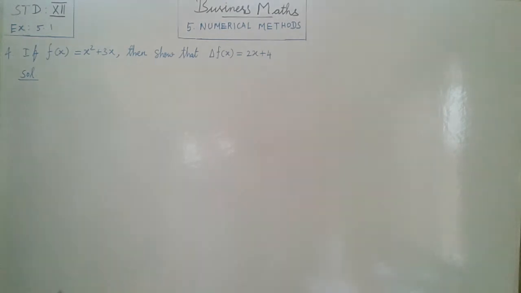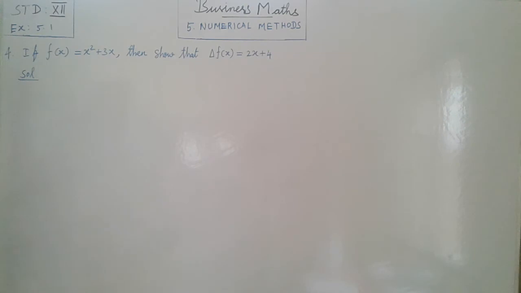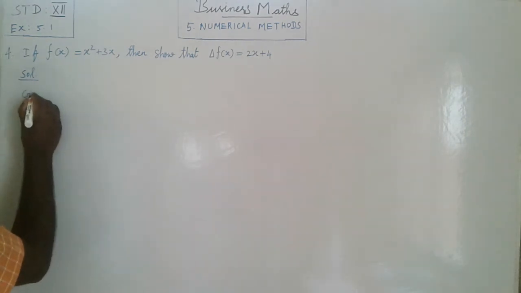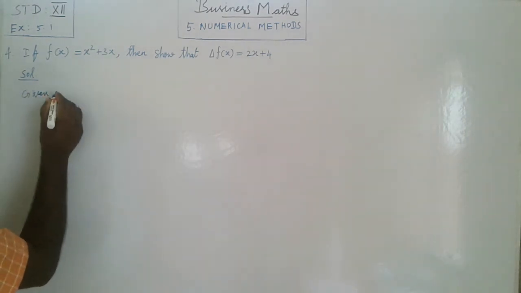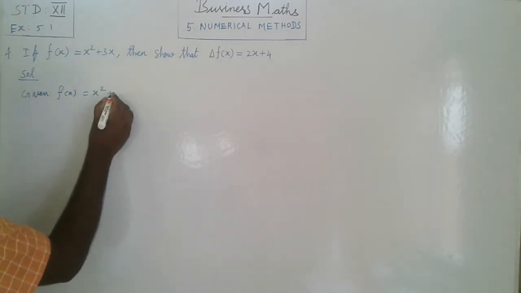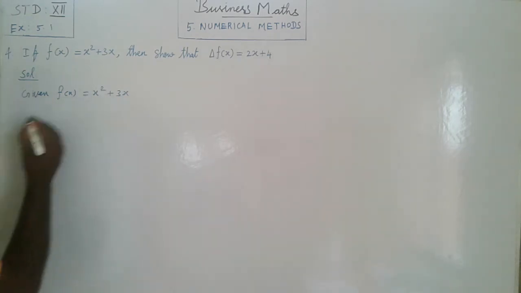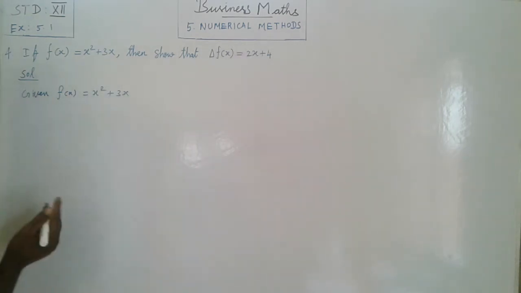Fourth sum. If f of x equal to x square plus 3x, then show that delta f of x equal to 2x plus 4. Solution. Given f of x equal to x square plus 3x, we should find out delta f of x, which is 2x plus 4.